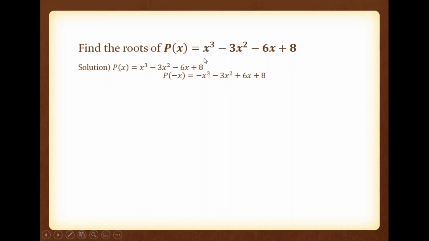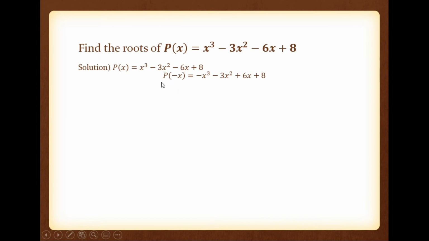What will happen? If you are replacing x with minus x, the sign of the x cube, x raised to 1, etc. will change. The sign of x square, the constant term, etc. will not change. The x with an even power, its sign will not change. The x with an odd power, its sign will change.